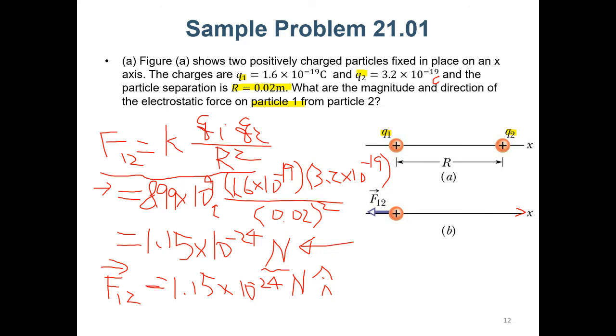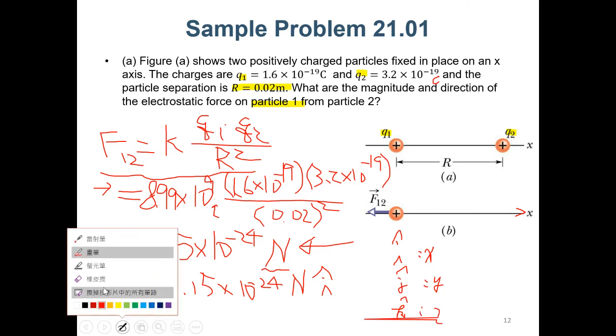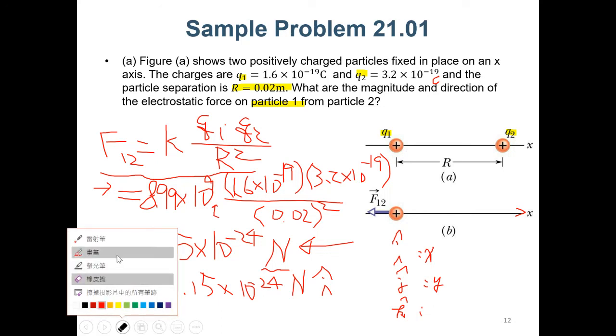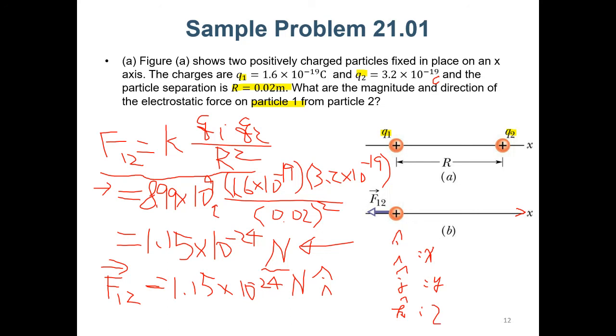In the textbook and also the solution, we usually use i hat for the unit vector in the x direction, j hat for the y direction, k hat for the z direction.